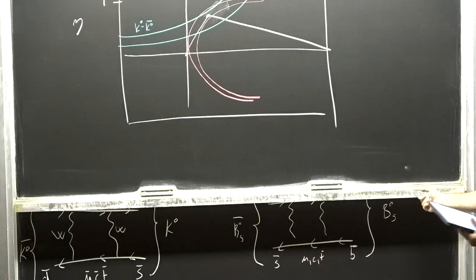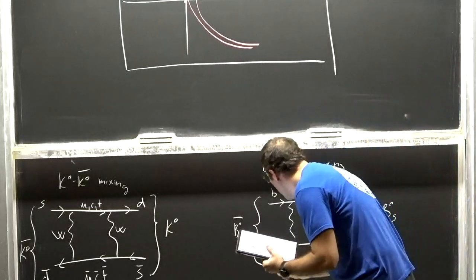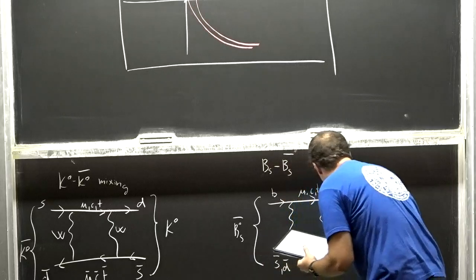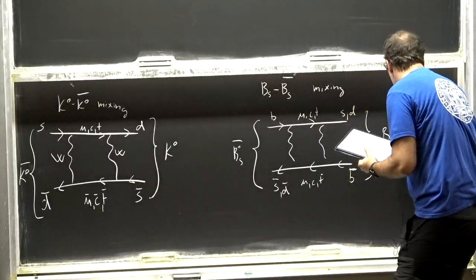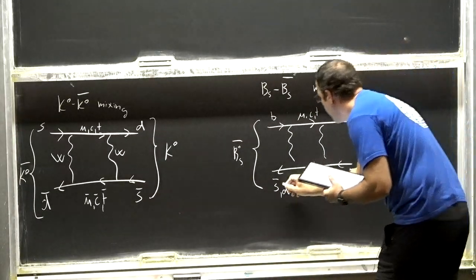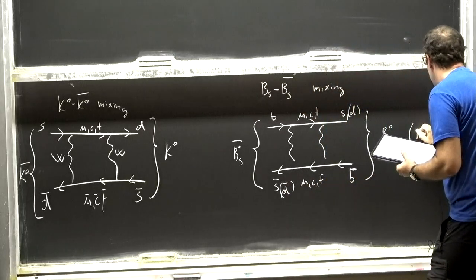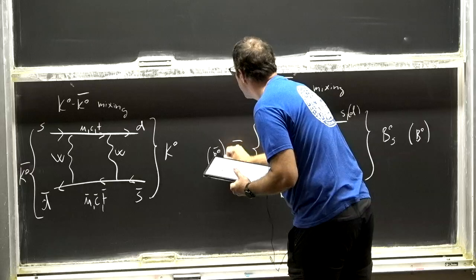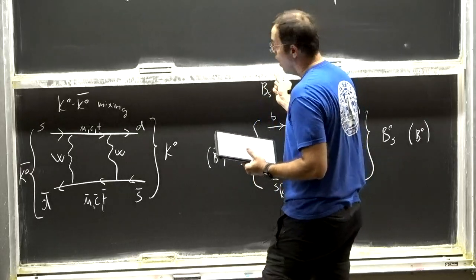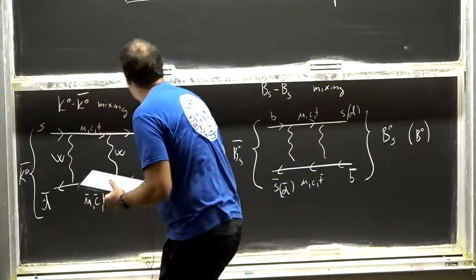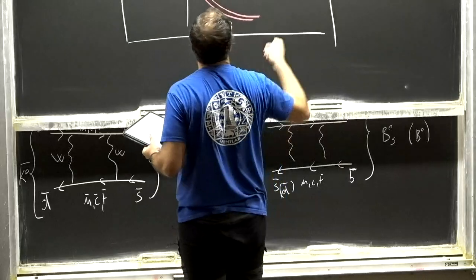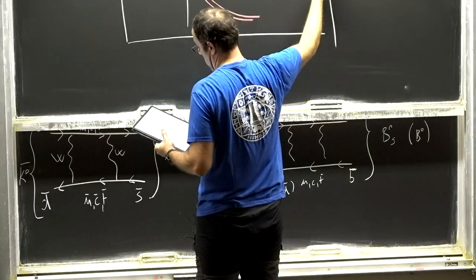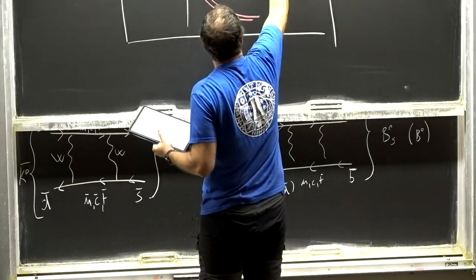Maybe I can cheat. This will become a D bar, this will become a D, and then I have B0 here and a B0 bar there. Also gives something like this.